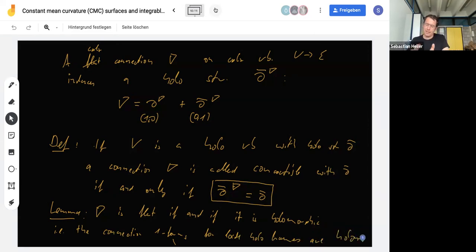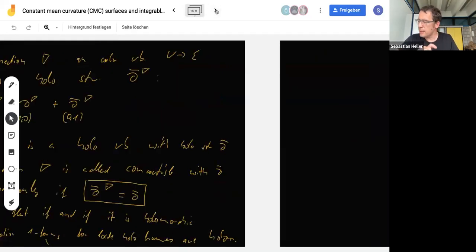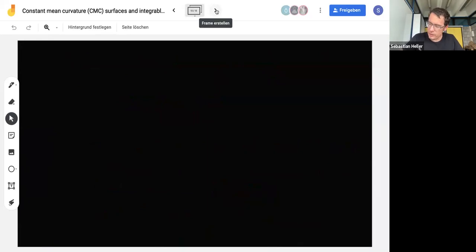So in a very specific sense, it means that if we describe the connection in terms of connection 1 forms, then if we take a holomorphic section, then the connection 1 form is again holomorphic. And I think I should prove this, or at least indicate how this works.